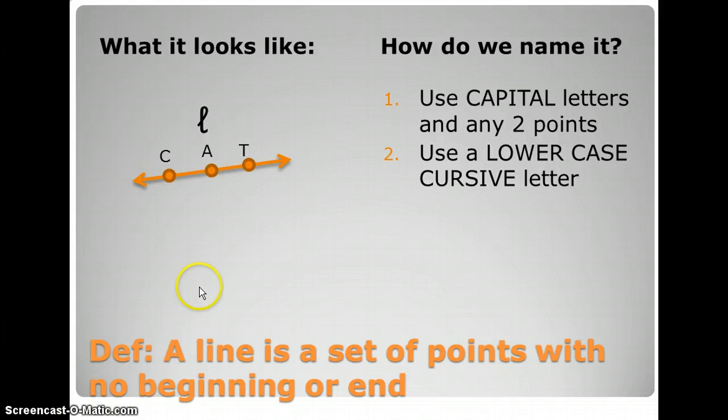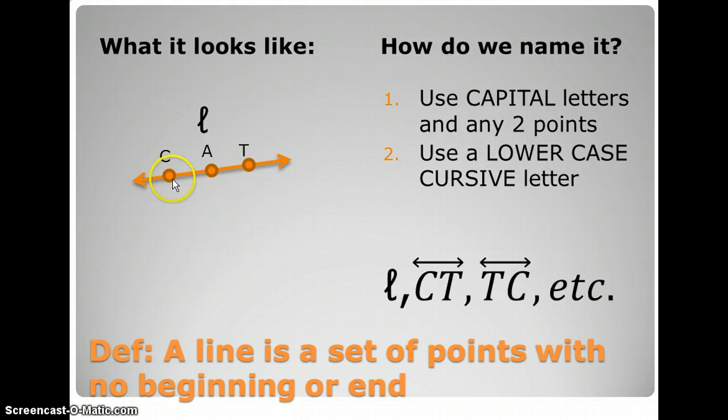So examples of what I could name this line: I could name it line CT, I could name it line TC, I could name it line CA or AT. Any 2 points that are on that line I can use. And the reason I can use any 2 is there is no beginning and there is no end, so I can't specify which is which. The other option here is to name it with the lowercase cursive letter, and that's that L that we've got.